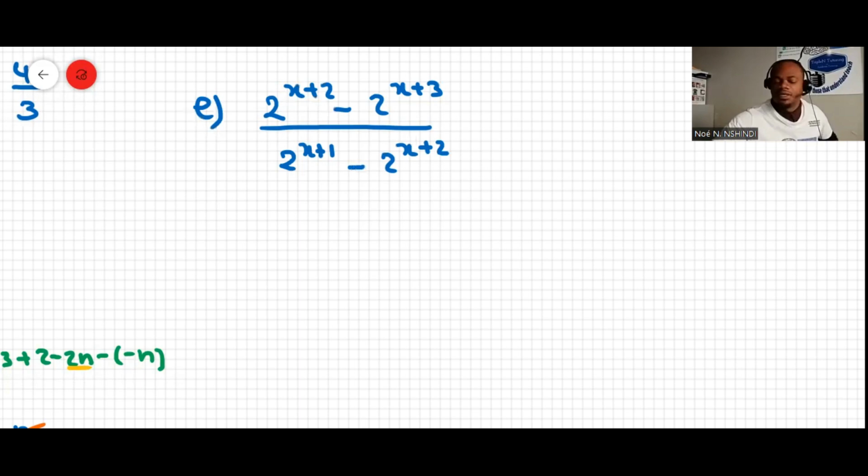This case is a bit different because we have separated terms in the numerator and the denominator. This is a term, this is a term, this is a term, this is a term. So we can solve this by factorization.